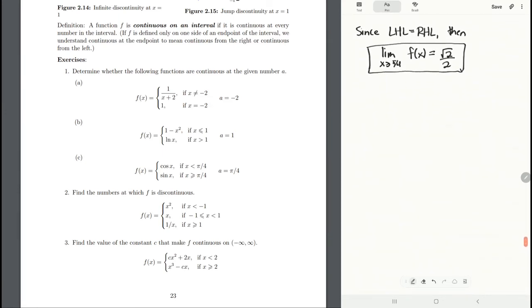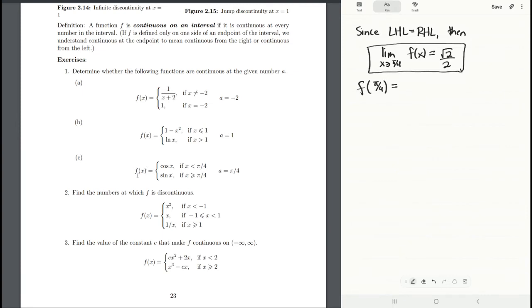So next we need to check that the function is defined at pi over 4. So if x is equal to pi over 4, then the function f of x will be equal to the sine of x.